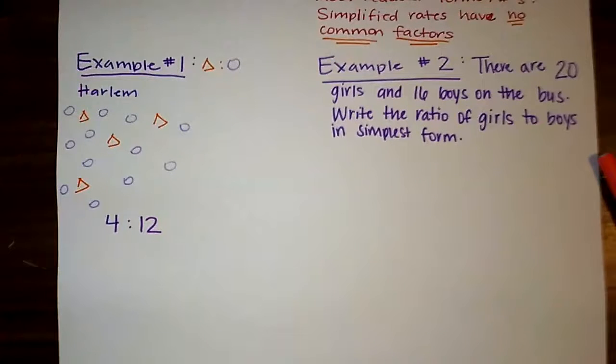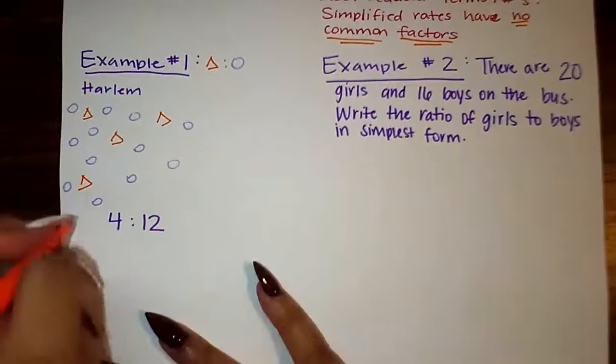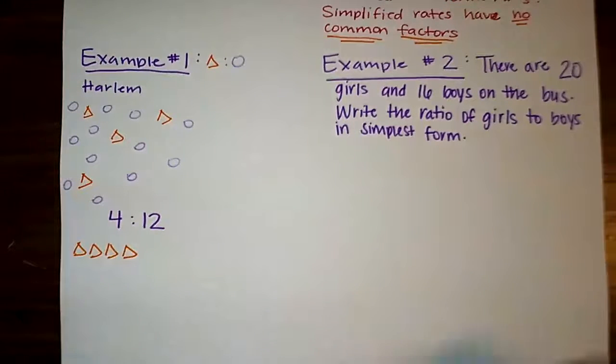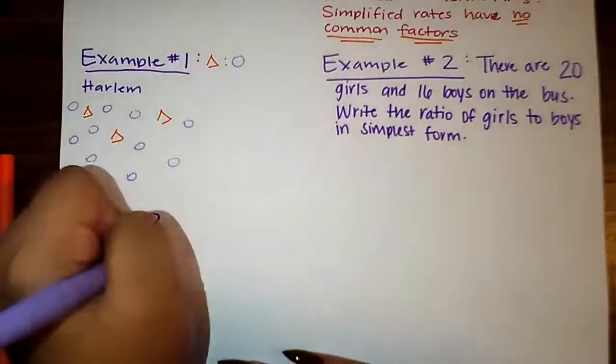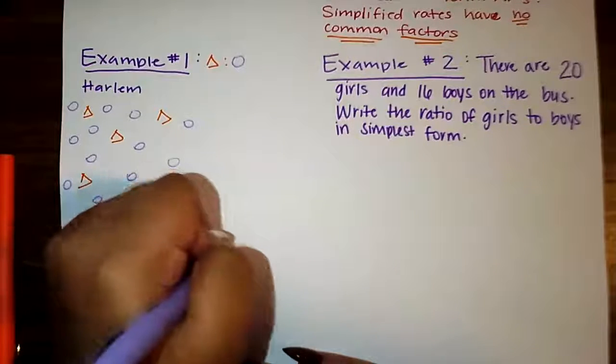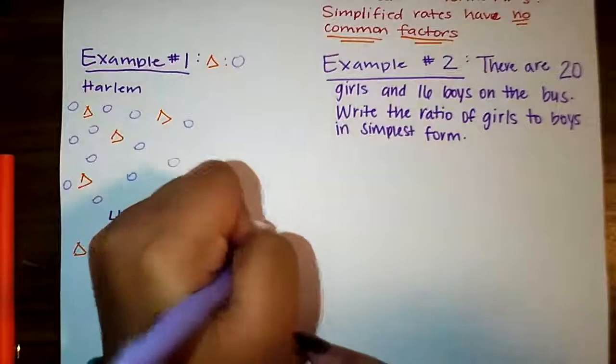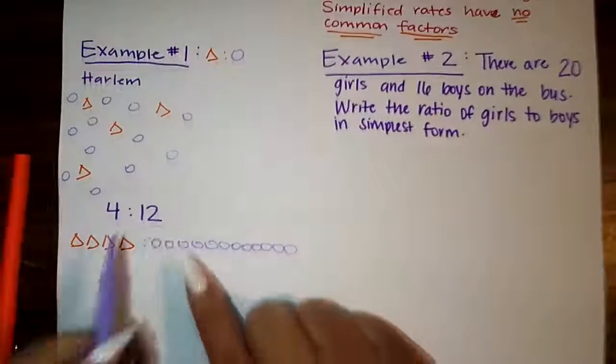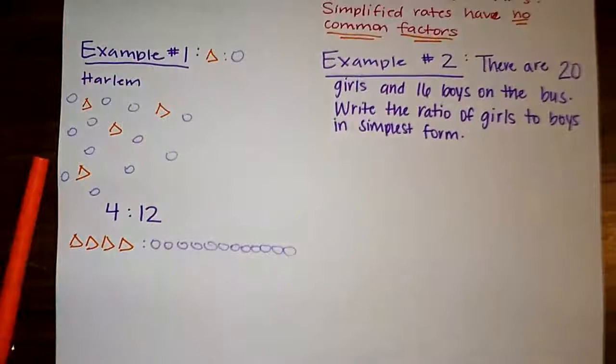And I'm going to draw it out so I can see it visually. I have 4 triangles with 12 circles. That looks like a lot. And I noticed that both 4 and 12 are even numbers.